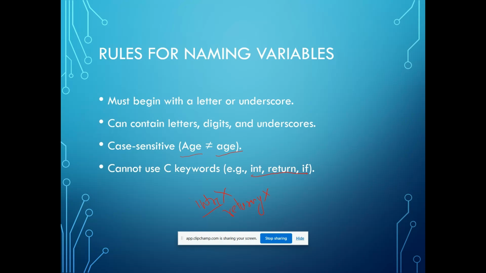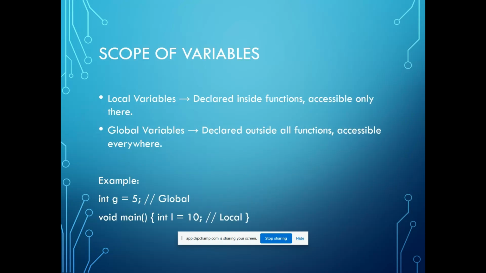Now, scope of variables. We need to give so much focus to scope because there are two types of variables, local and global. So local variables live inside a function. Nobody outside can touch them.